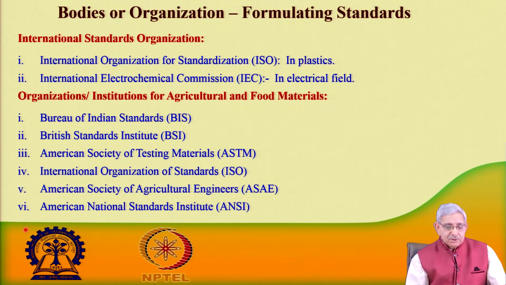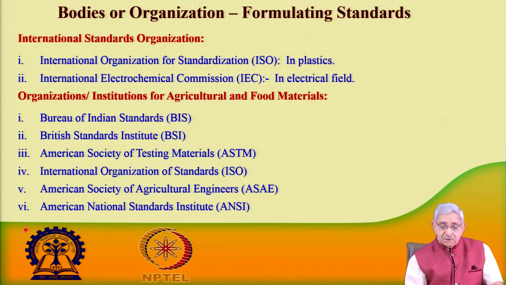These agencies look after standardization. One is ISO, the International Organization for Standardization, whose head office is located in Switzerland, and then the International Electrotechnical Commission, which is related to the electrical field.